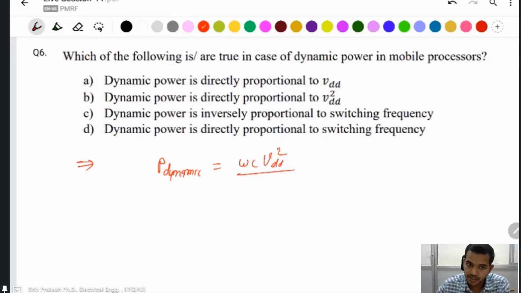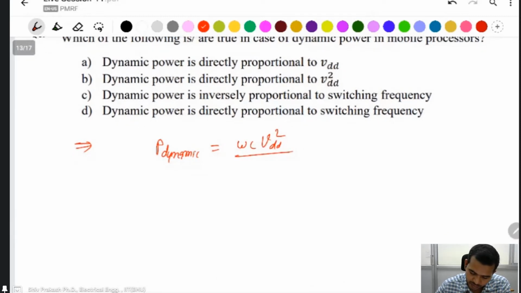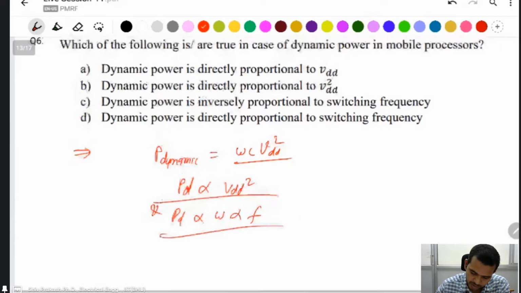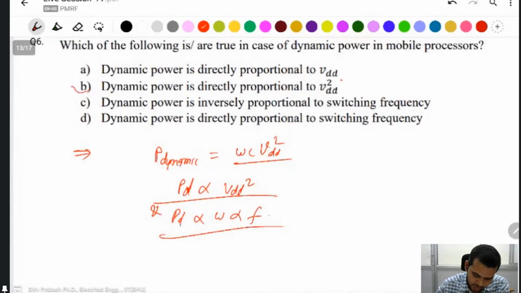Then this dynamic power is directly proportional to VDD square and to omega, proportional to frequency. Both are directly proportional. VDD, not VDD square, inversely proportional, no; directly proportional, yes.